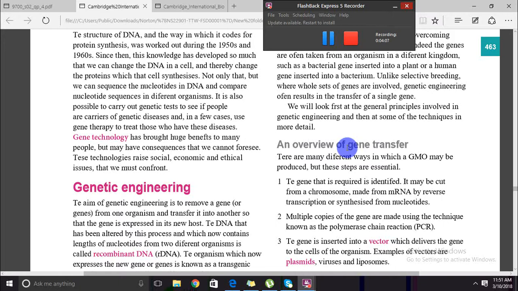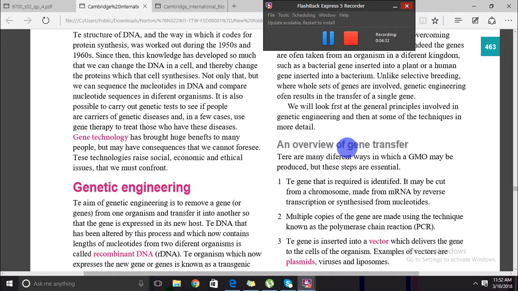So genetic engineering, and what is the aim or the basic principle of gene technology? It is the removal of a gene or several genes from one organism and the transfer into another.